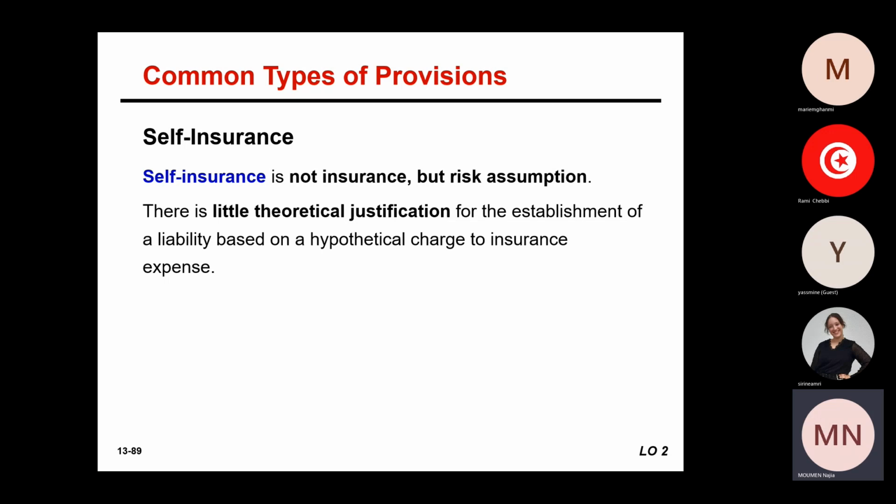Okay, so when we talk about a risk in general, what is it? It is really random, and it's more than uncertain. And that's why this self-insurance shall not be considered as provision.